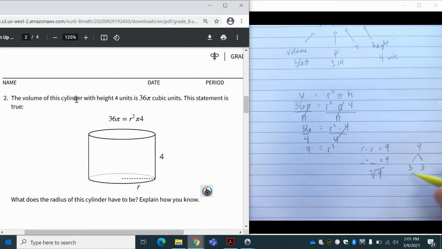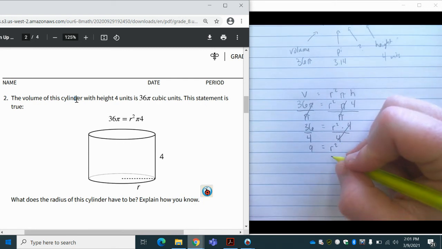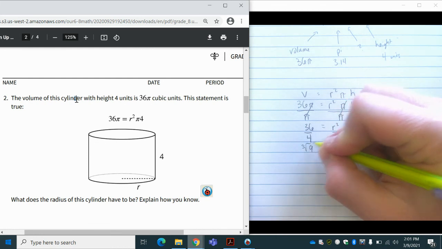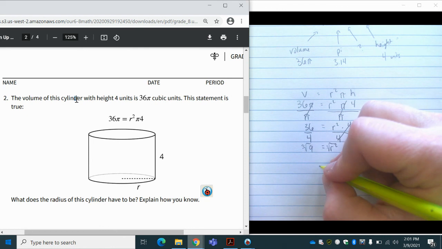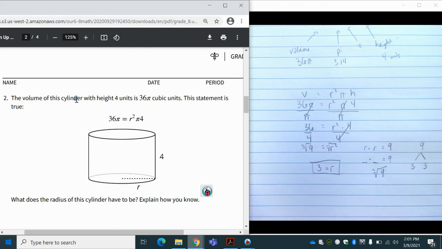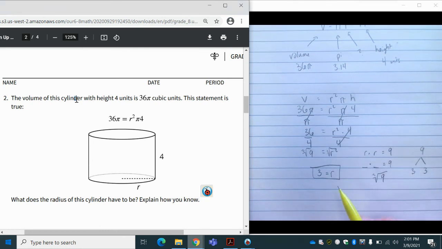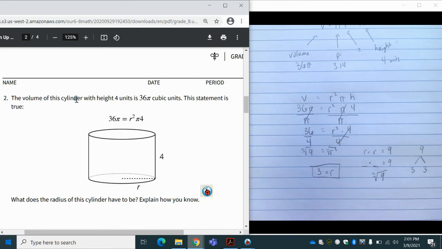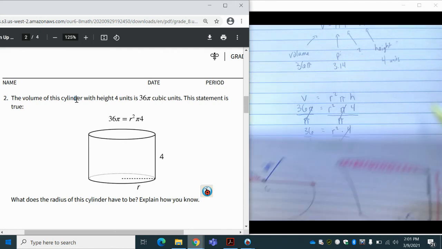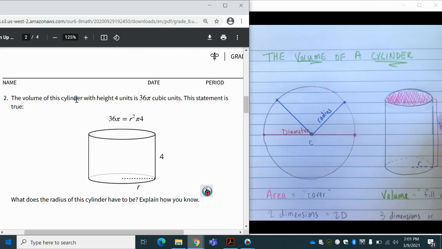So 3 times 3 is going to give you 9. So when you do the square root on both sides, you're left with r is equal to 3. So the radius of our circle, in this case, has to be 3 because it's the only number that makes the equation true. And there is the volume of a cylinder explained.